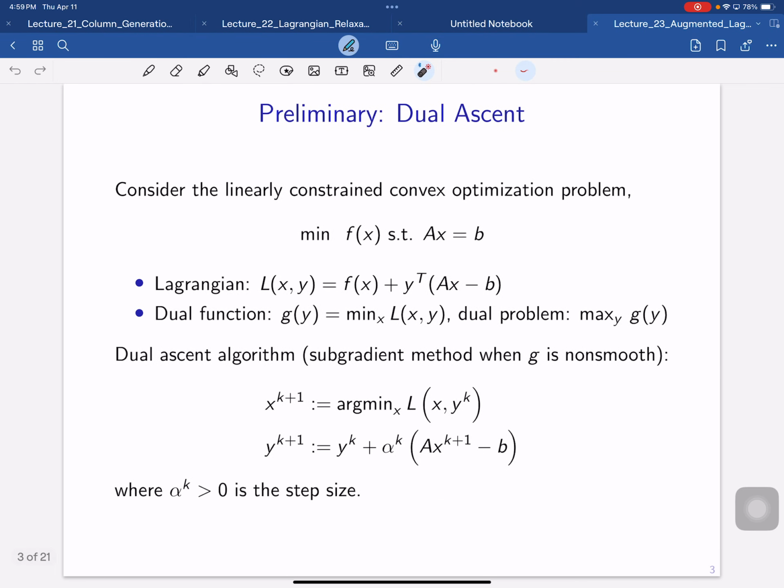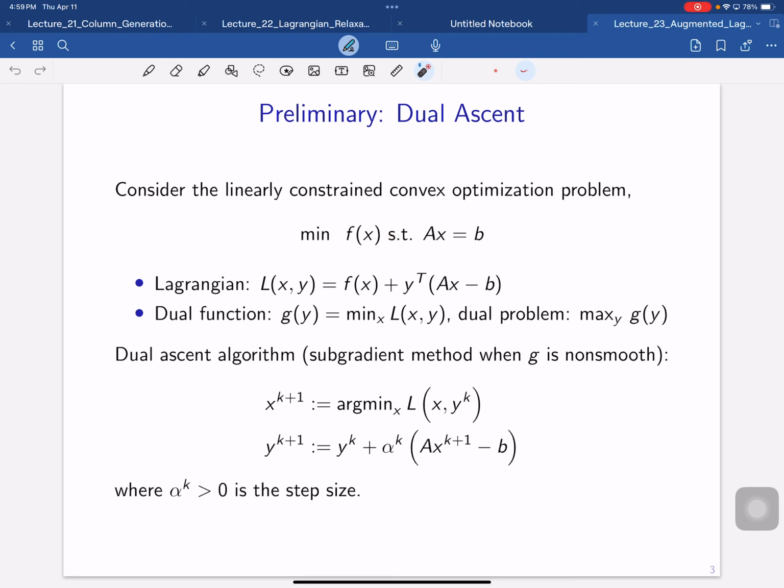Yeah, so first of all, let's do a very quick review of what we did in the last lecture. When you apply Lagrangian relaxation to a continuous problem, here we have a continuous function f of x subject to a linear equality constraint.